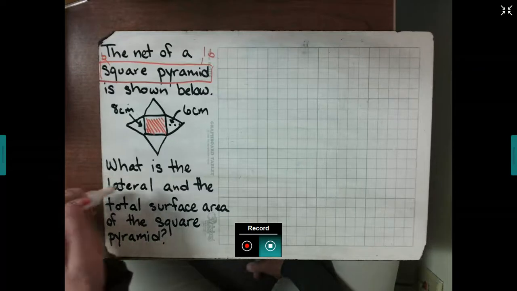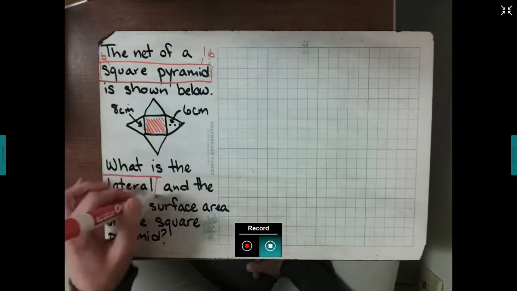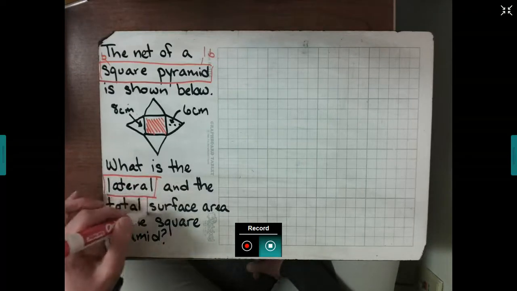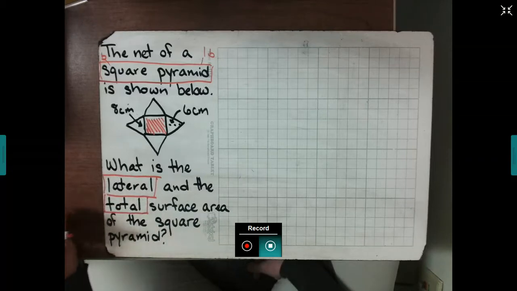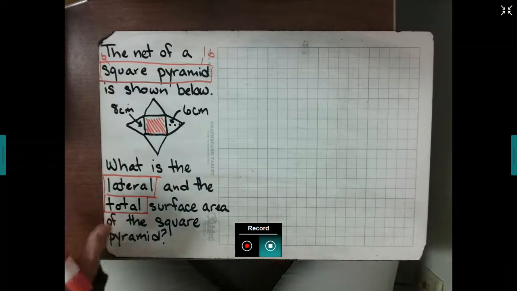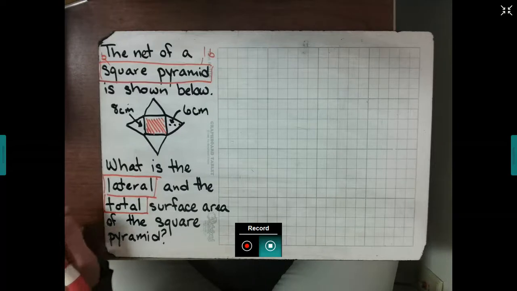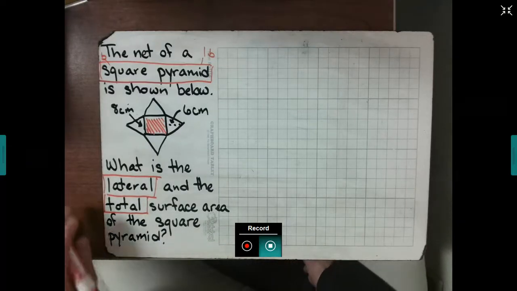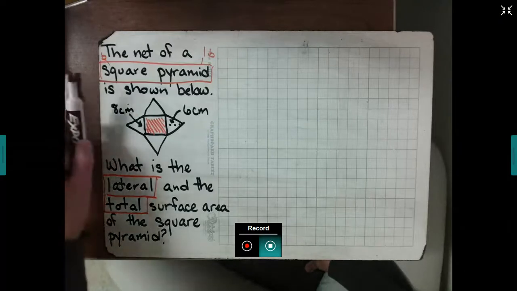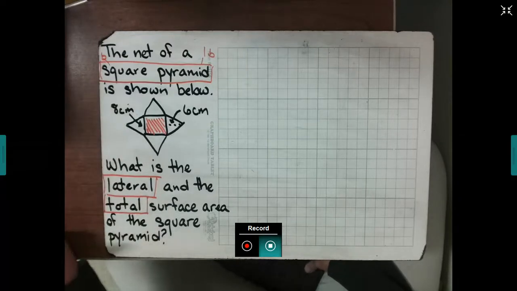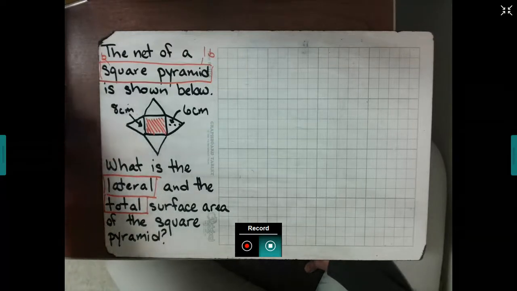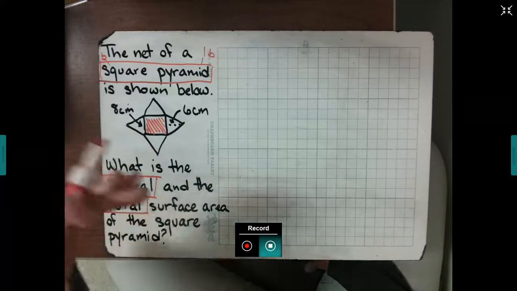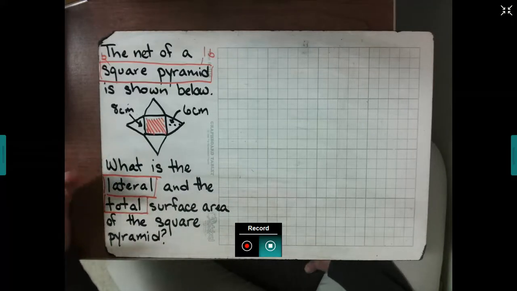Now the question's asking, what is the lateral and the total surface area of the square pyramid? So we're going to be finding 2 different surface areas in this figure today. To start out, I've already shaded in my base, identified that, and now I'm going to find any common figures to simplify my math.